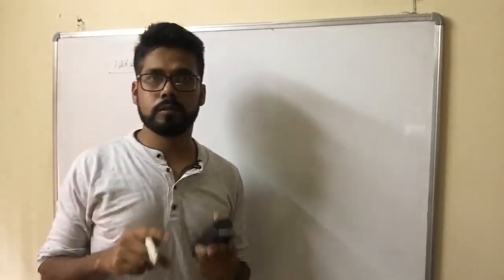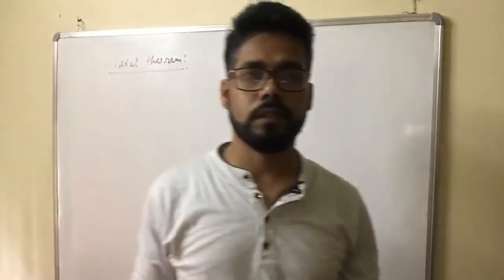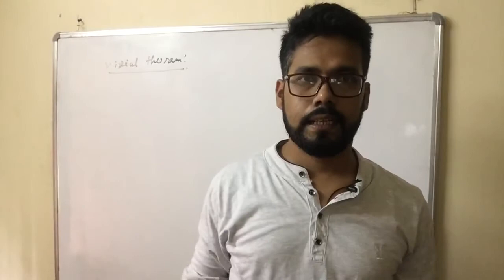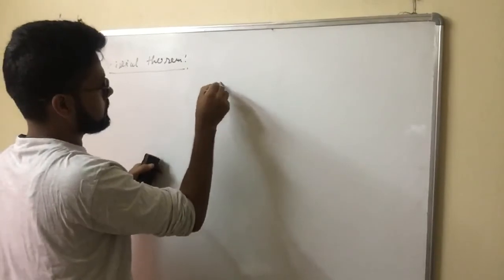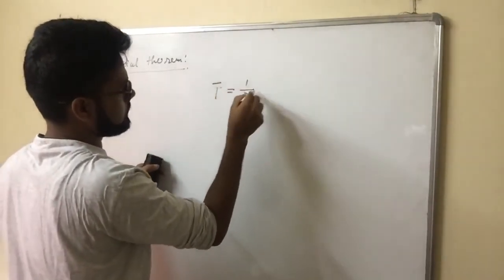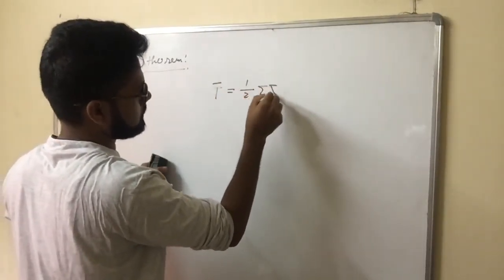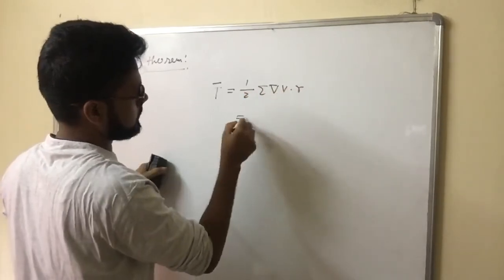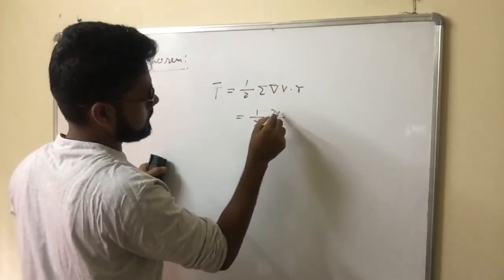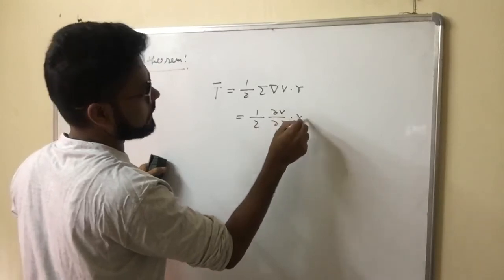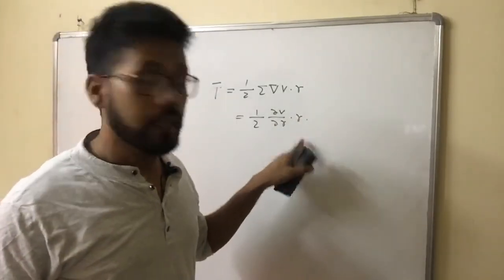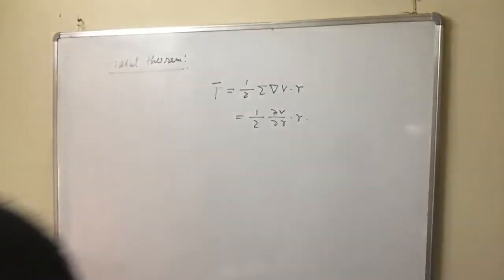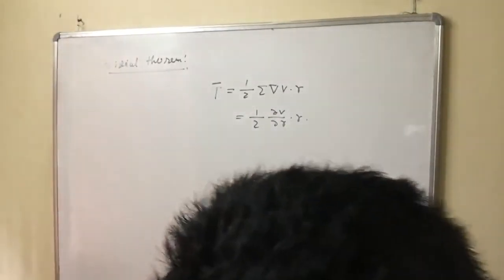I am not going to derive it. The Virial theorem is a relation between the average kinetic energy and the potential energy. This is the formula: average kinetic energy equals half the sum of dV dot R, or you can replace it with half dV by dr dot R. I have given you a question now, then it will be clear.